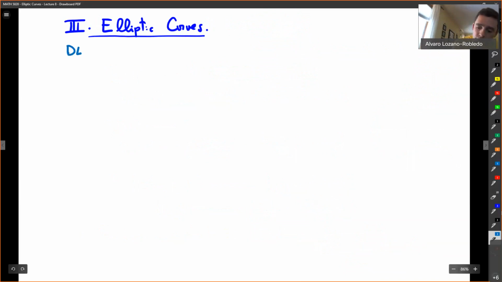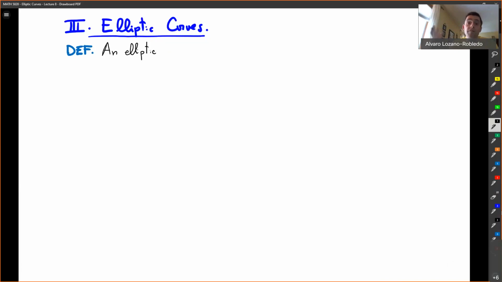So the first thing is to write the definition of an elliptic curve. We still have the same standard for our notation that K here is a perfect field. But again, you don't lose much by thinking that K is either Q or a finite field F_p. An elliptic curve.